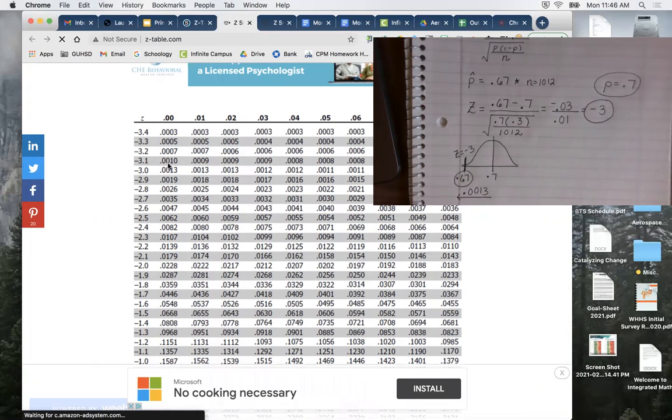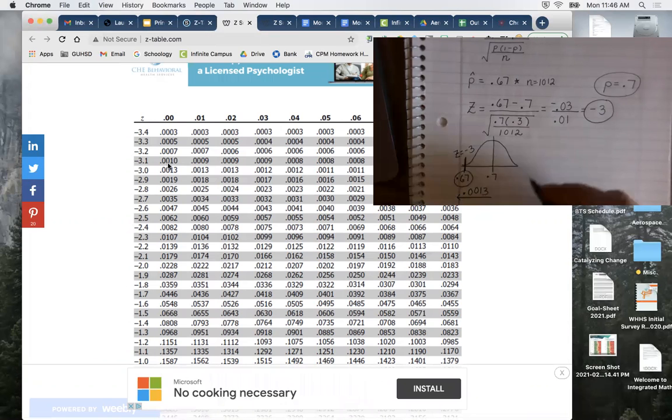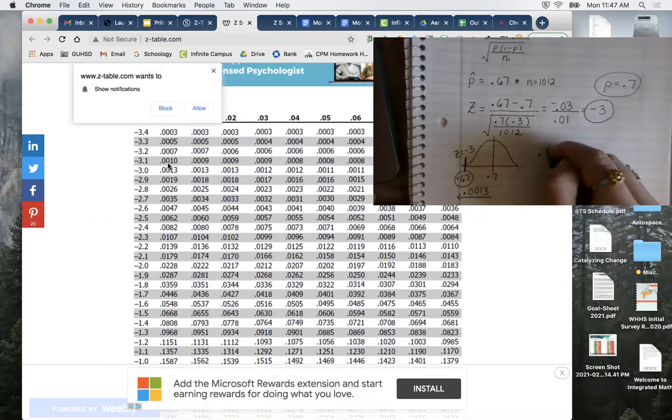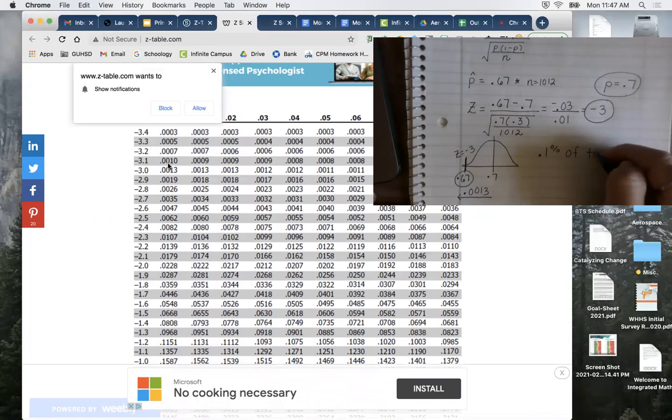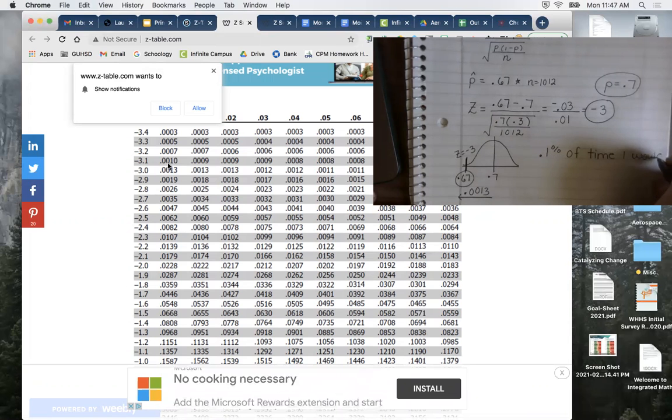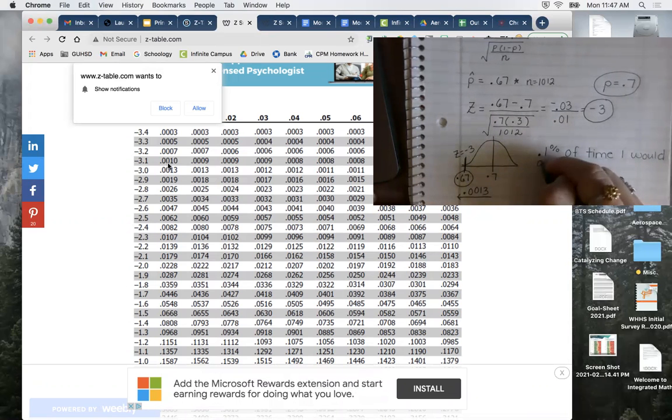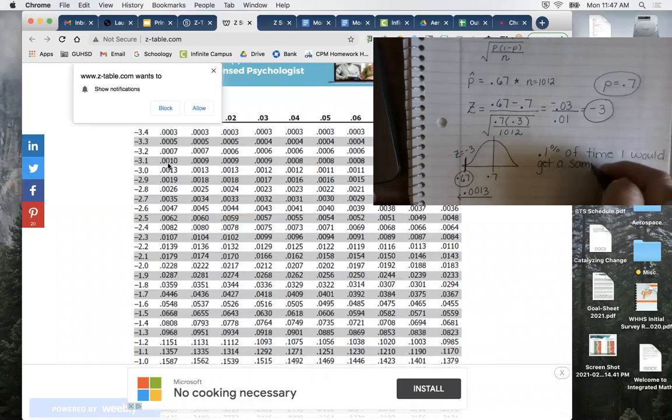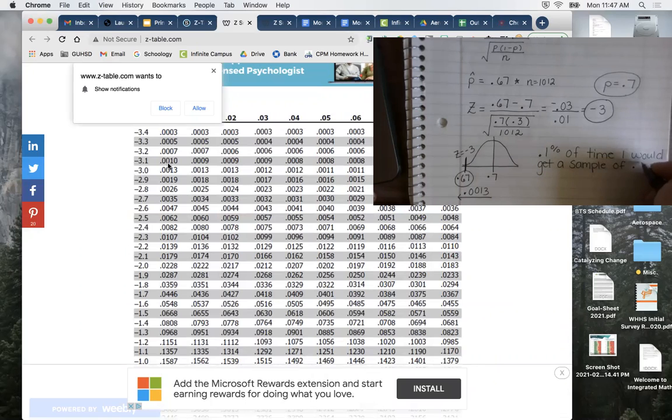This is going to happen less than 1% of the time. If I think of it this way, it's actually 0.1% of the time that I would get a sample of 0.67, or you could say 67%.